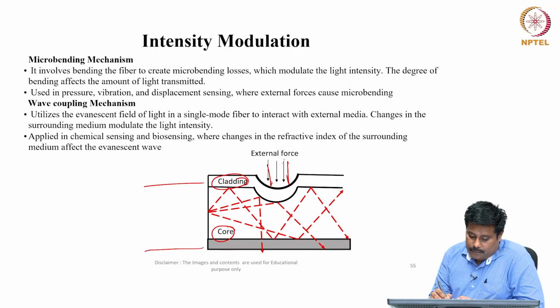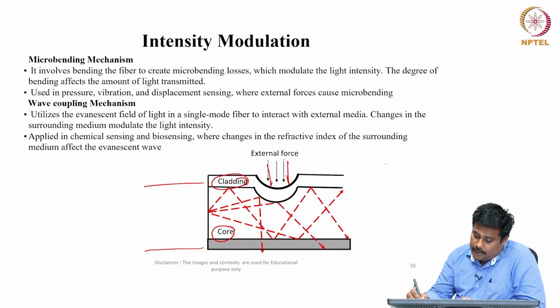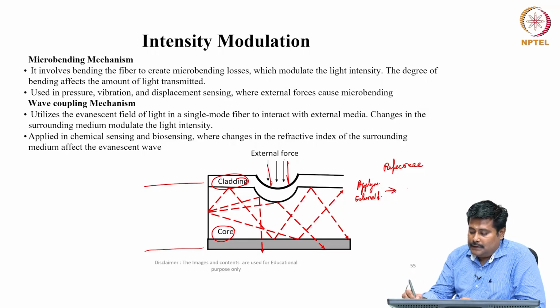When the external force impacts the clad, a bending persists, and when the light falls on this clad where there is a bending, this will affect the internal reflection which is passing through it. Without the external force, we already have a reference signal. After applying external force, there will be a change in the light signal.